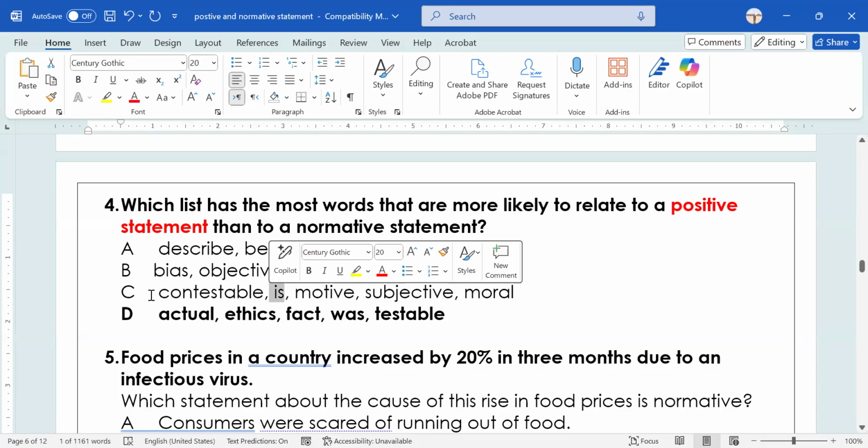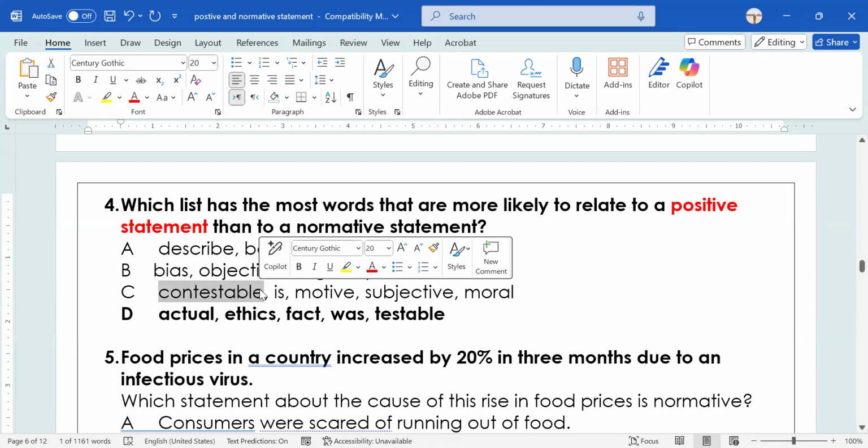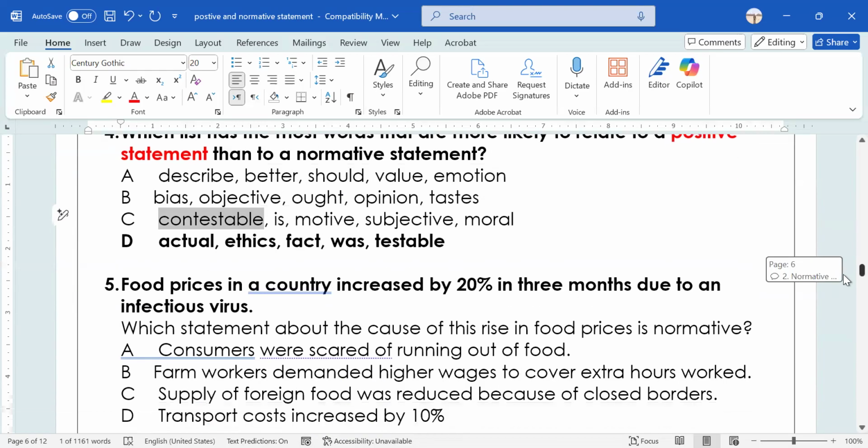Although contestable can apply to positive and normative, it is not really clearly positive. So letter C is normative. So the obvious answer is letter D.